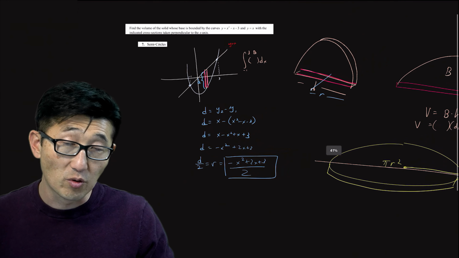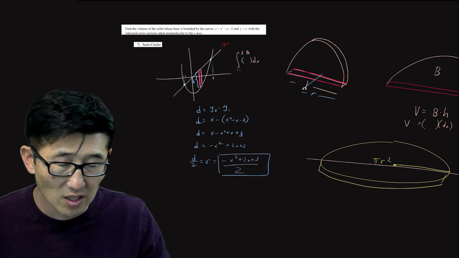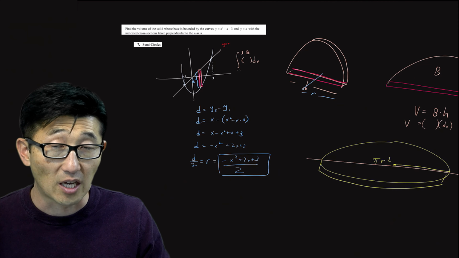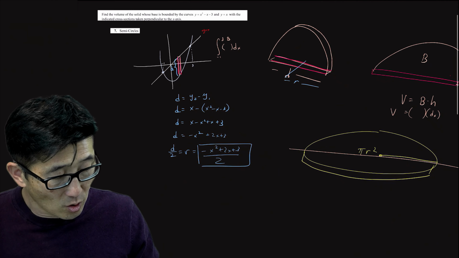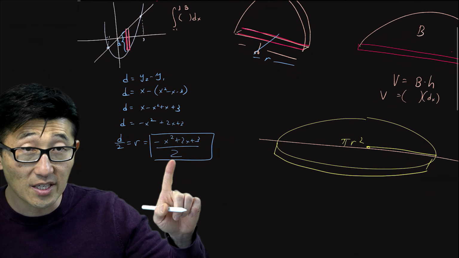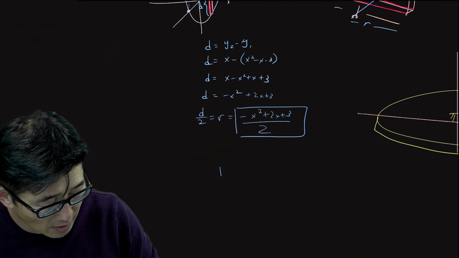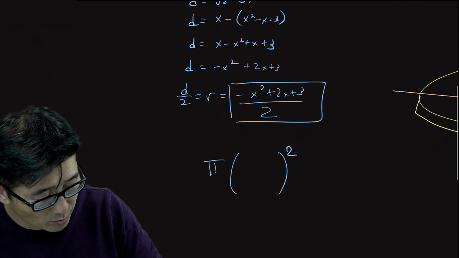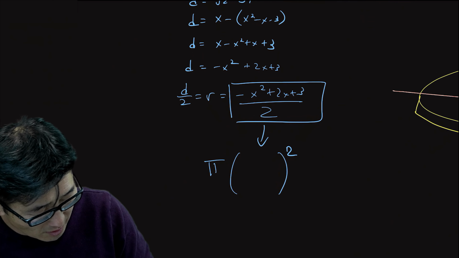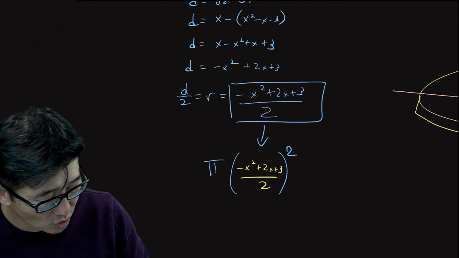Now, again, as a reminder, really be careful with these numbers because there's so much involved. It's really easy to make a calculation mistake and your answer just comes out completely wrong. So we're going to plug this radius into our pi r squared. So r will be this whole thing, (negative x squared plus 2x plus 3) over 2.